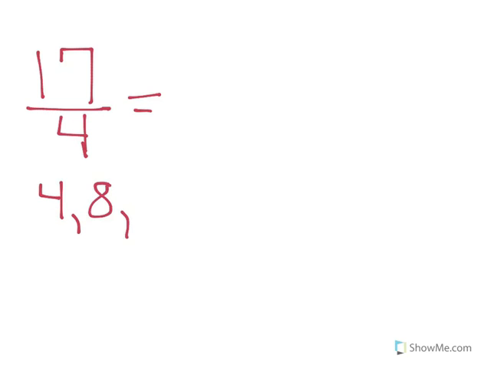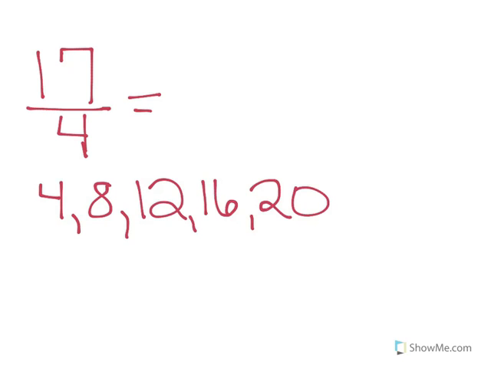So I want to show you just one more that takes multiple numbers to get to. If I have 17 fourths, I'm going to write my skip counts of 4 for my multiples of 4: 4, 8, 12, 16, 20. Okay, so that means 20 is too high.